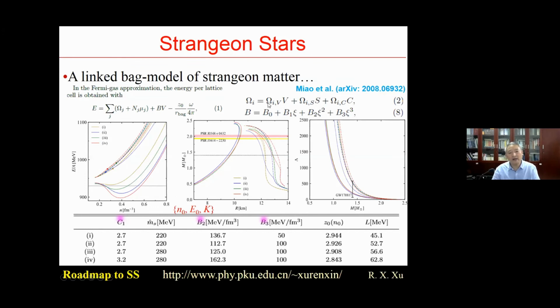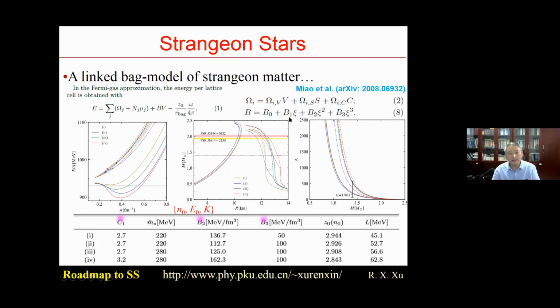We expand the bag constant by the asymmetry of this value. Chi is a symmetry value.